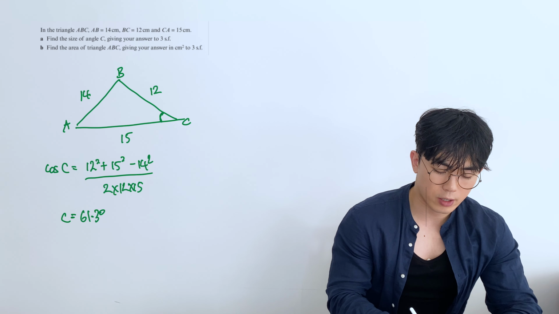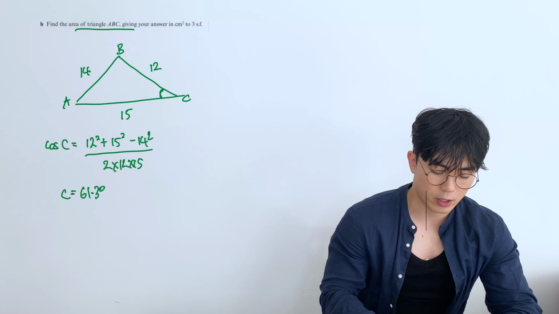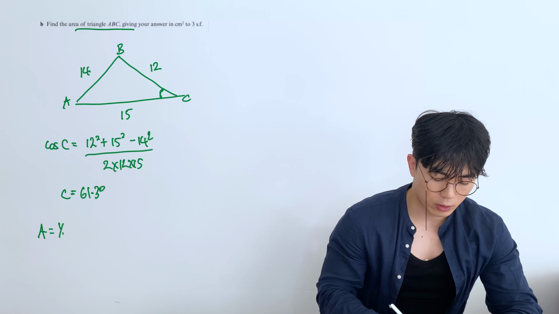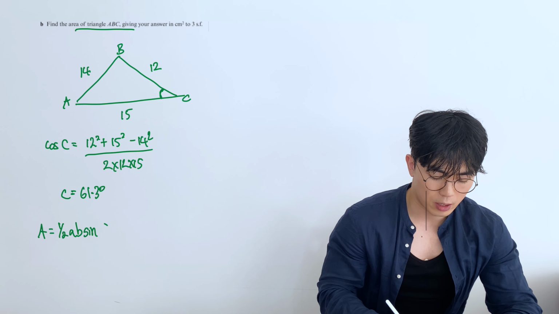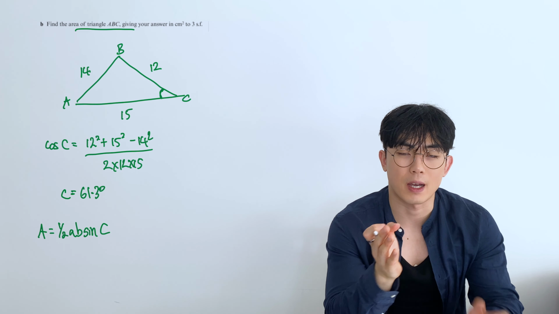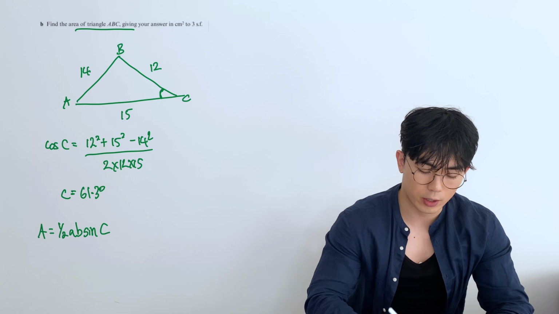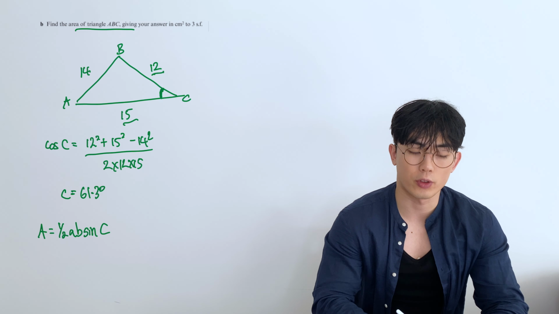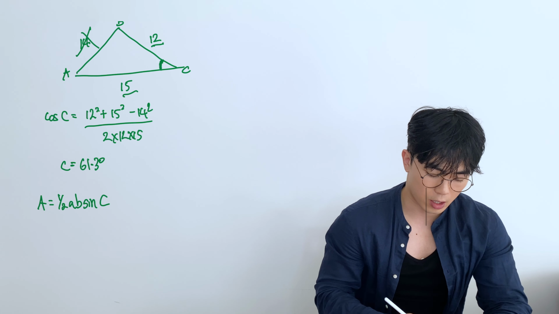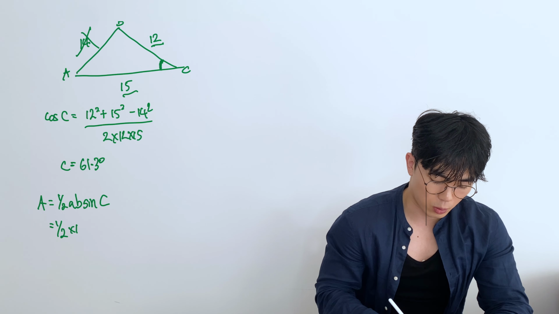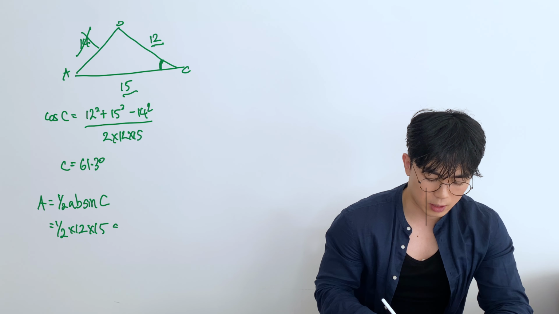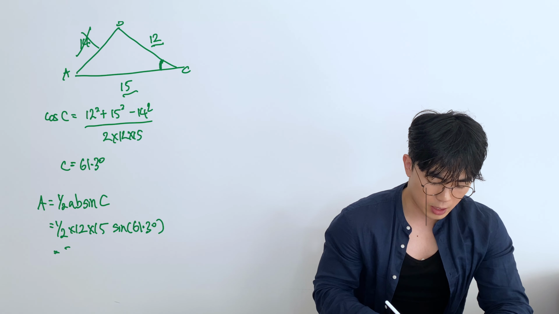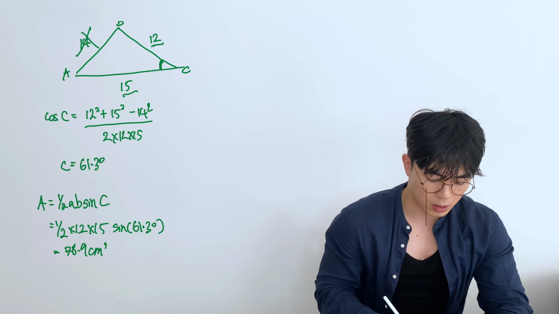Right, in part B, they ask us to find the area of triangle ABC. So the area is equal to half ab sine C. But remember, the lengths have to be either side of the angle. So if we know this angle C here, then the lengths we're going to be using are this 12 and 15, not the 14 here. So it's going to be half times 12 times 15 times sine 61.3 degrees, which comes out to be 78.9 centimeters squared.